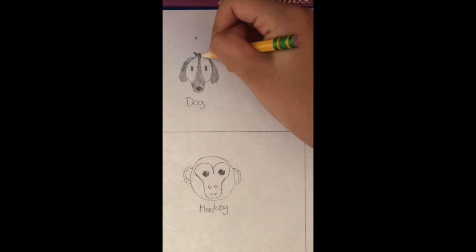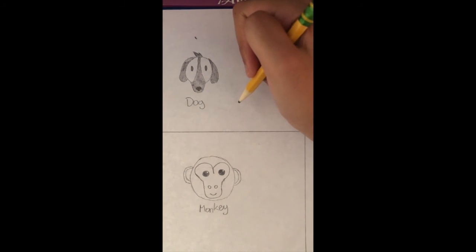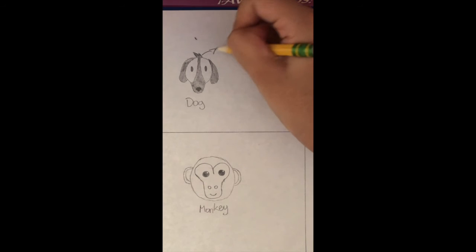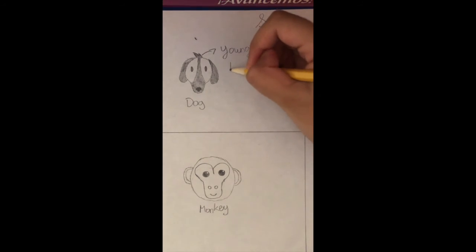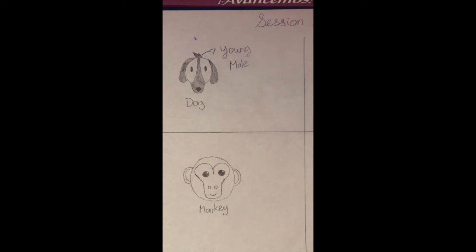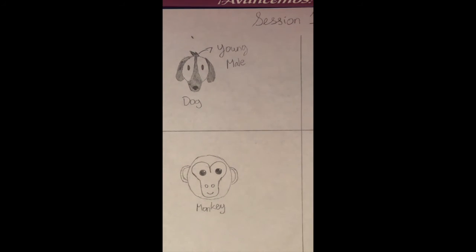I don't know exactly why, but they do look younger. This is often something I've seen in cartoons and stuff. So this way, your audience sort of knows that it's a young male. Can females not have hair like that? They can if they choose to, but this is just an indication.